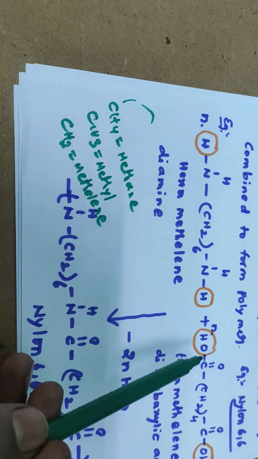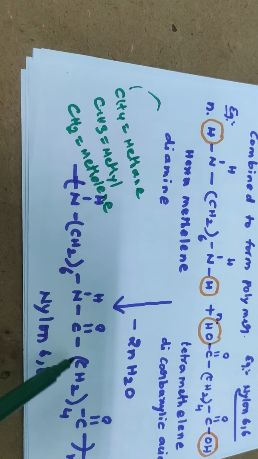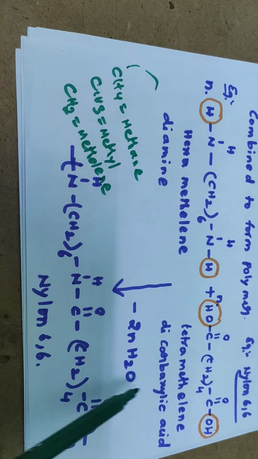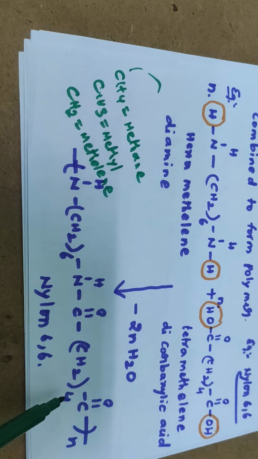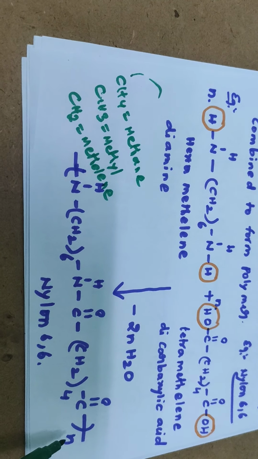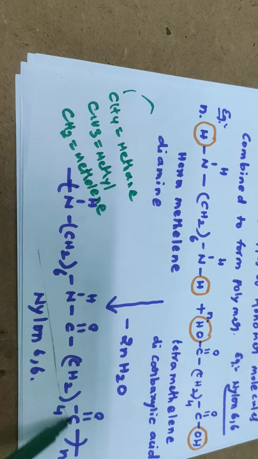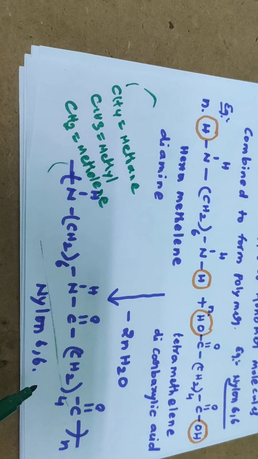By combining, here OH is eliminated, so it directly joins with C double bond O, and it is CH2 taken 4 times, and here also CH2 taken 4 times, and C double bond O, taken n times. That is nylon 6,6. The name of this molecule is nylon 6,6.